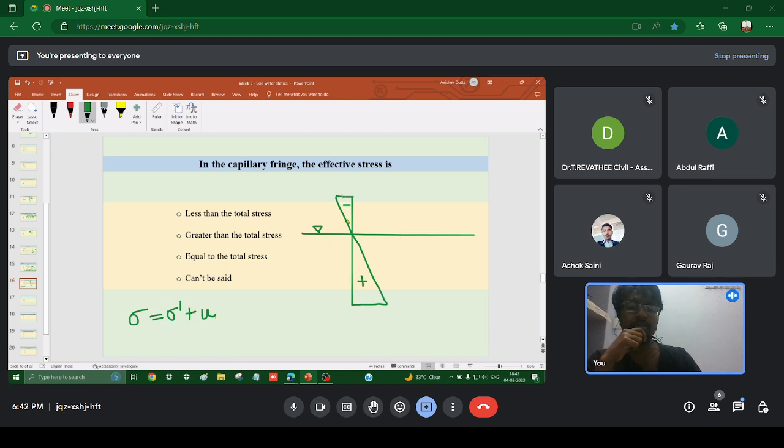But in this case, the pressure is negative. The pressure is negative, right? So in this region, what will be the value? Total pressure equals to the soil pressure, that is the effective pressure, minus U, isn't it? And for this region, it will be this thing, effective pressure plus U. Is it clear, everyone?